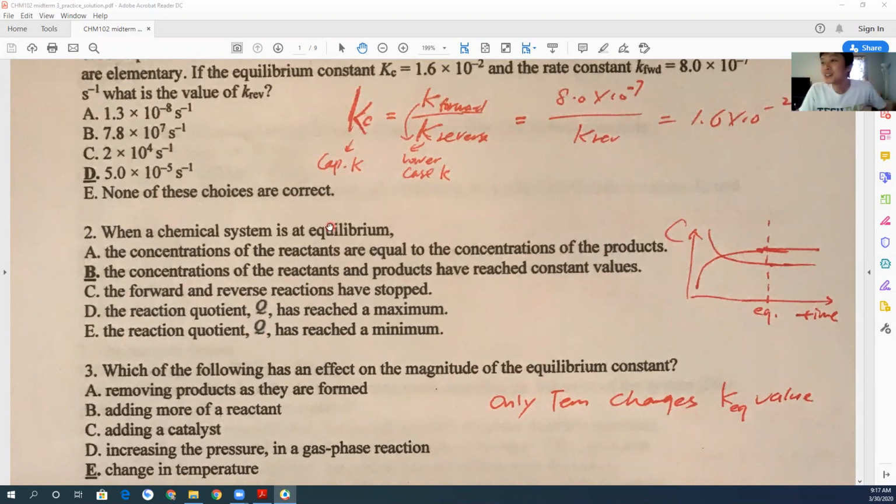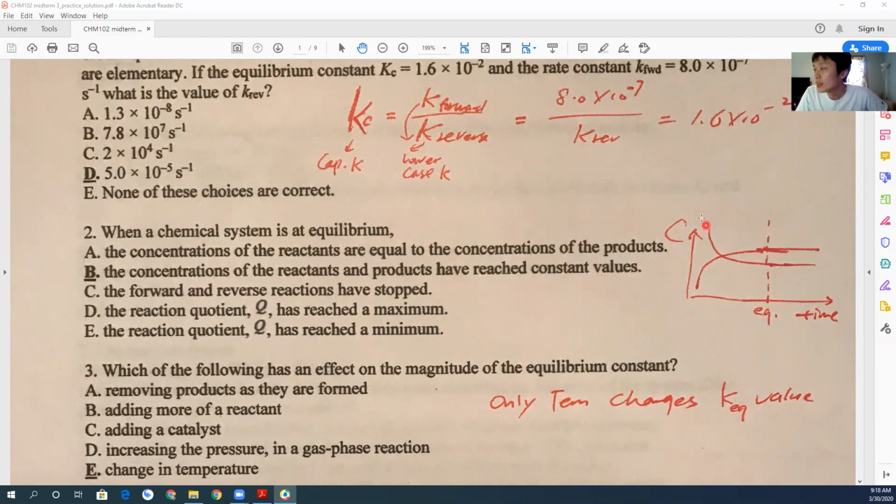So the second one is a test on the definition of a chemical equilibrium. When the system is at equilibrium, the rate of the forward reaction is equal to the rate of the reverse reaction. And when that happens, the concentrations of the reactants and the products remain constant.